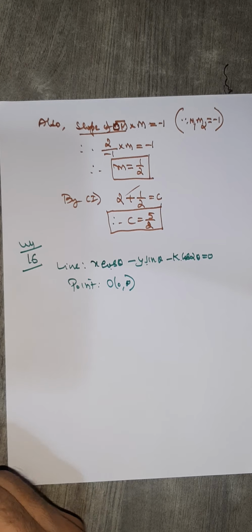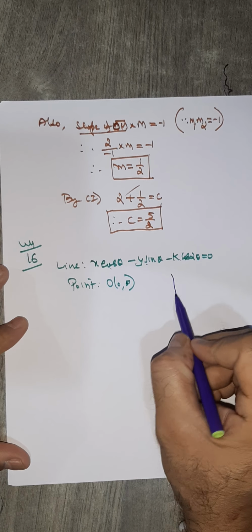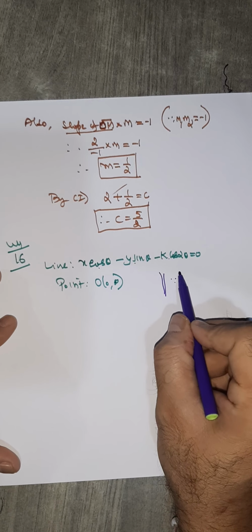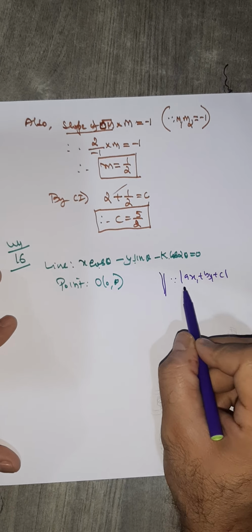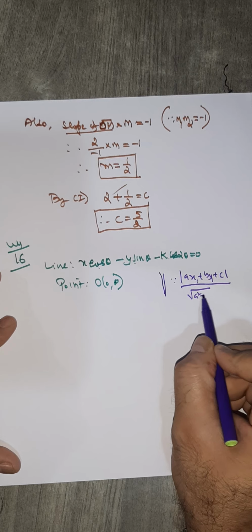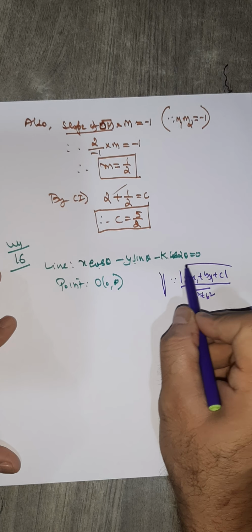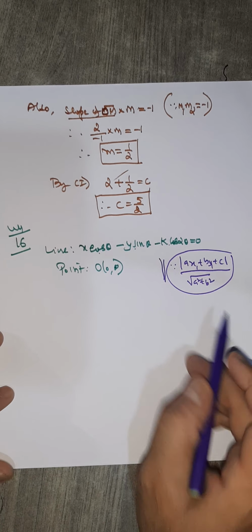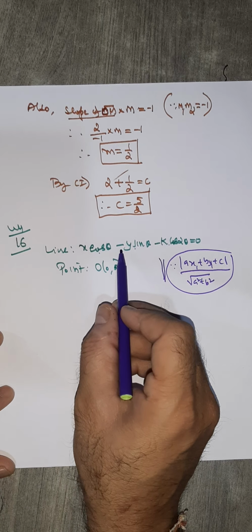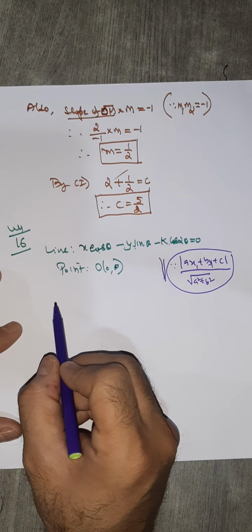So which formula are you going to use? Perpendicular distance of a line from the origin. Recall the formula: ax1 plus by1 plus c upon under root a square plus b square. This is the formula for the perpendicular distance of a point from the line. So we are going to use this formula twice, once for this line and once for the other line.